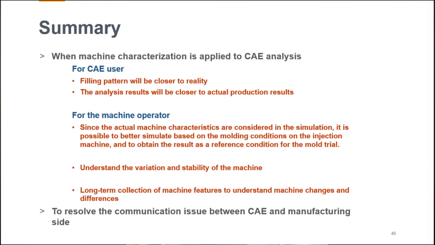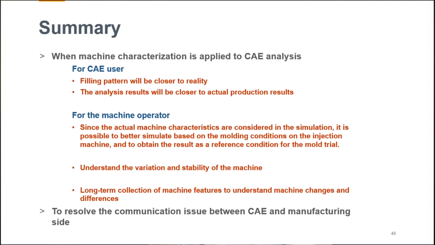For CAE engineers, the filling pattern and the packing behavior will be closer to reality. That means the predicted results will be closer to reality. We can find the potential defects of the part more easily. The analysis result will be closer to the actual production results.